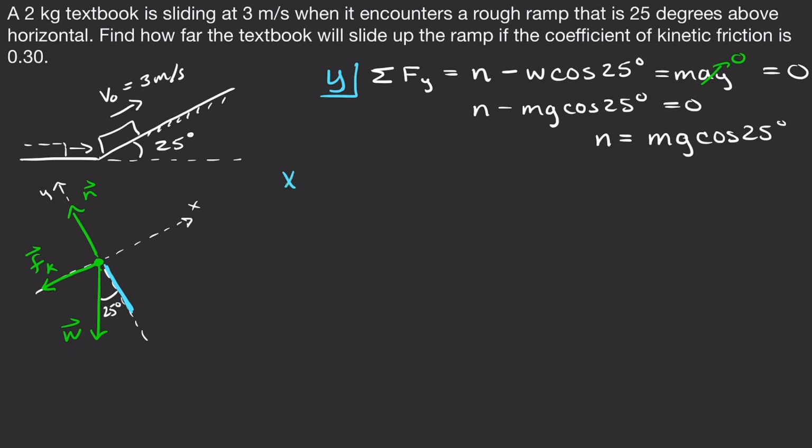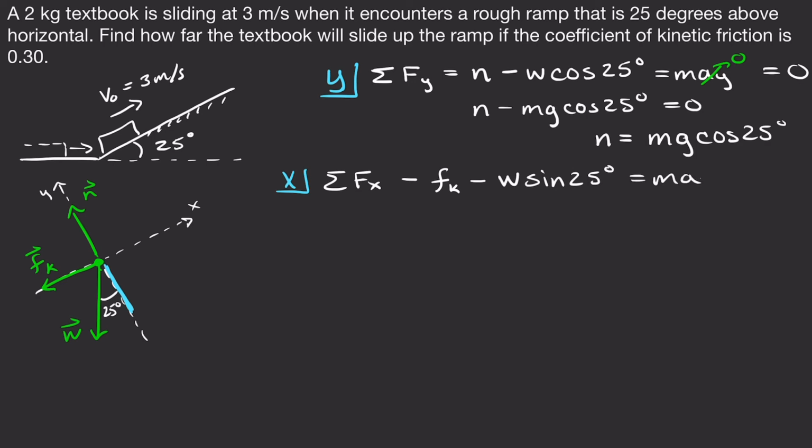So now I can move on to the x direction. So I sum up the forces in x. I have a negative kinetic friction force. I also have an x component of weight that is negative. So that will be the weight times sine of 25 degrees.